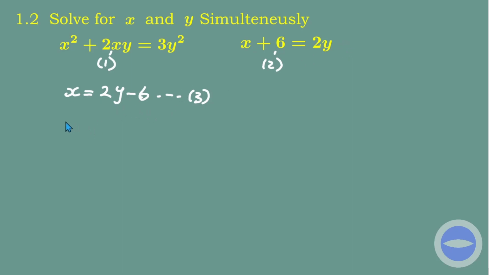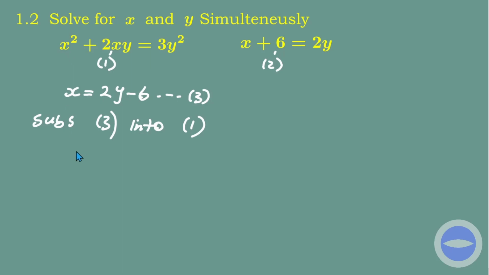Therefore, I will substitute equation 3 into equation 1. So I have to write it down to show that I have substituted equation 3 into equation 1. Where there is x, I will put 2y minus 6.